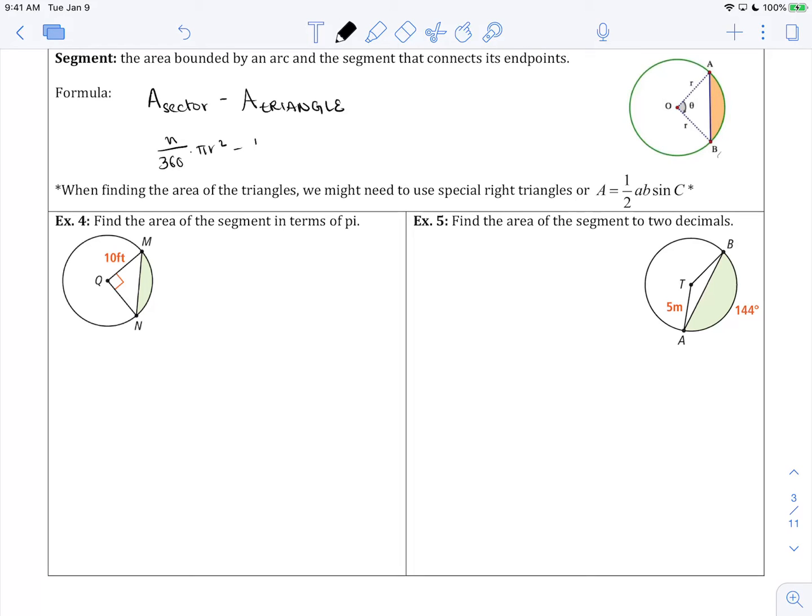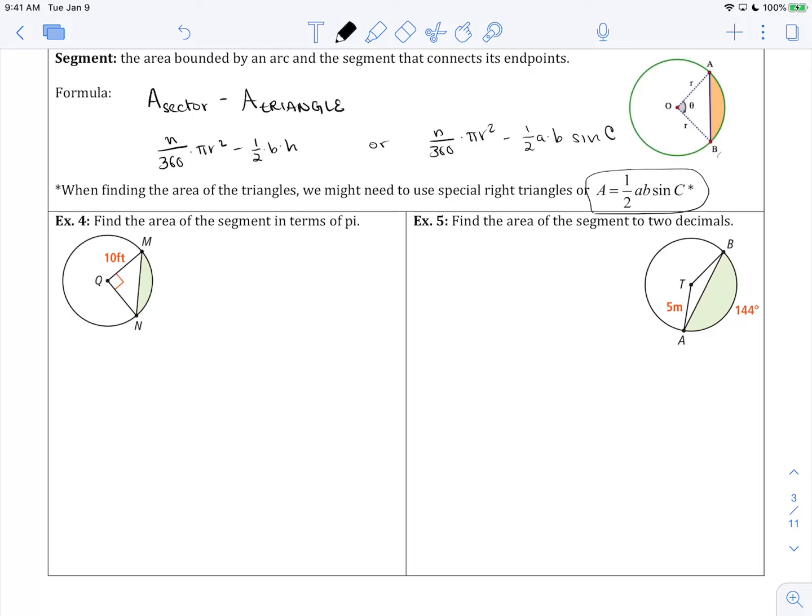So maybe minus 1/2 base times height, right, we would still do the sector the same way. We might have to use this equation for calculating area of a triangle, where we would do 1/2 a times b sine c.